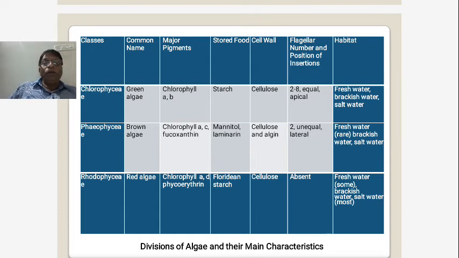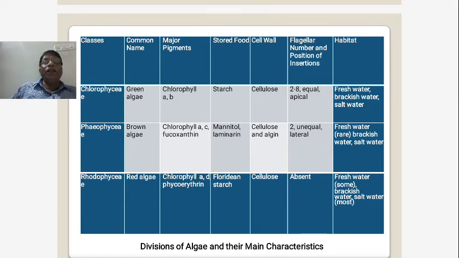Now, we shall make a comparative account of Chlorophyceae with that of Phaeophyceae. The members of the class Phaeophyceae are commonly known as brown algae. Why we call them brown algae?